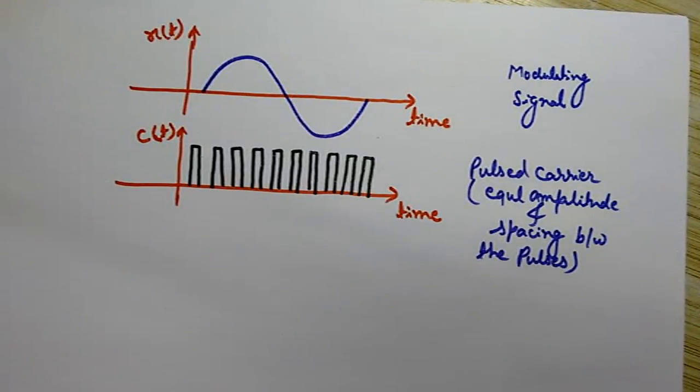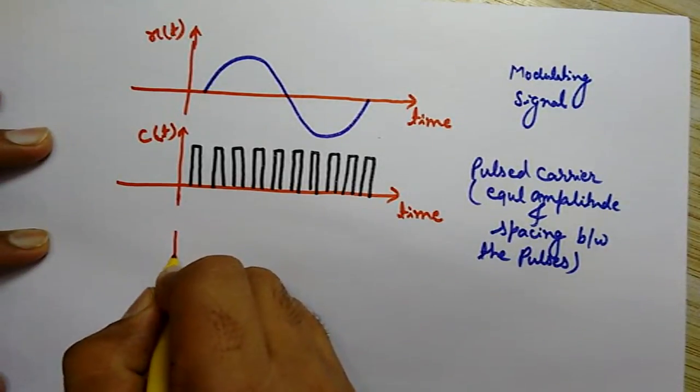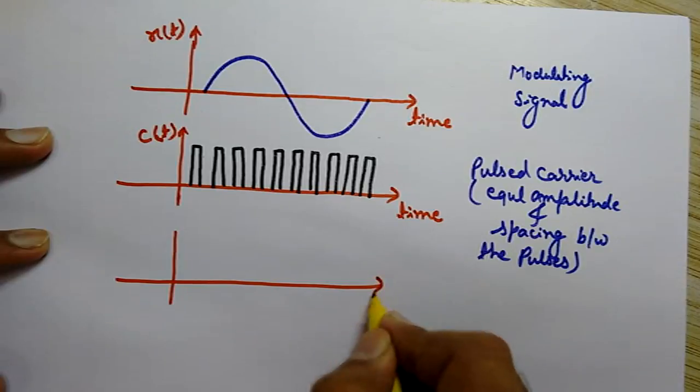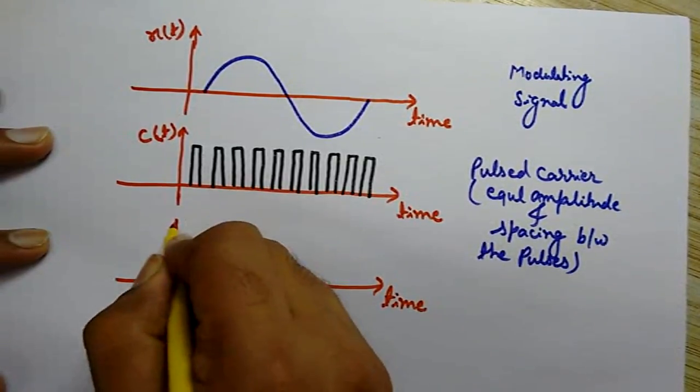Okay, now it's time to draw the PWM, and we will obtain the PPM from this PWM waveform. So first to draw the PWM, the time axis.